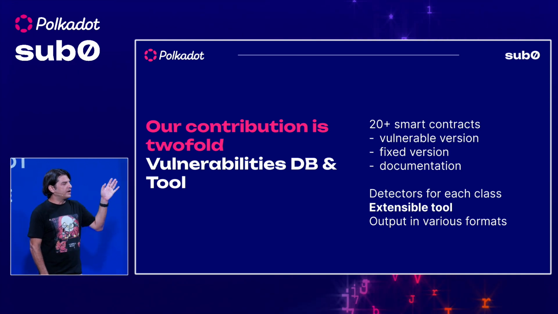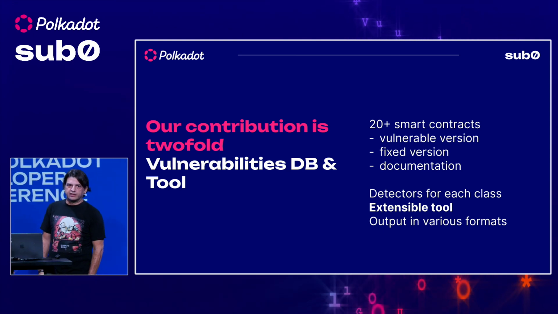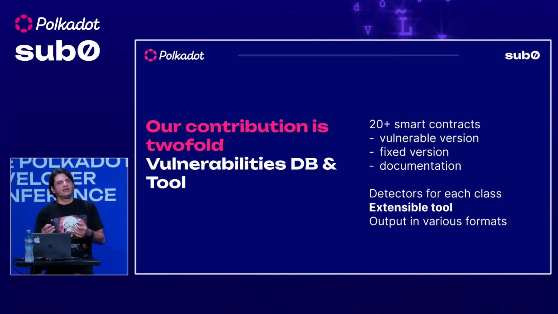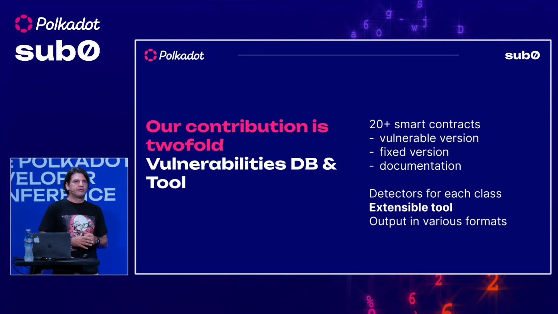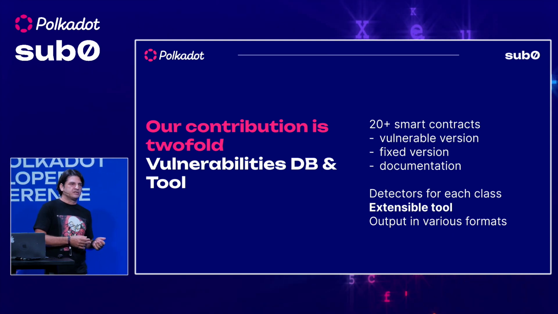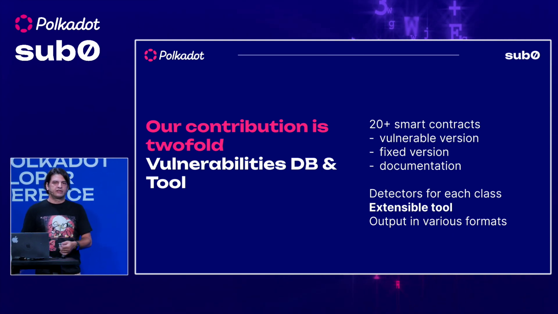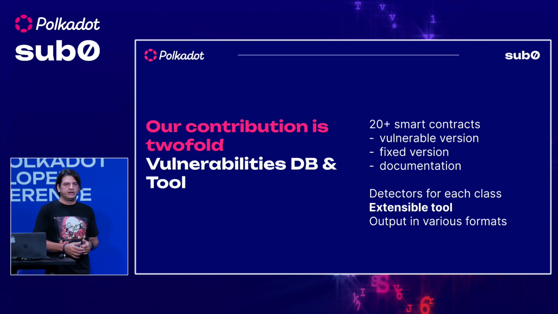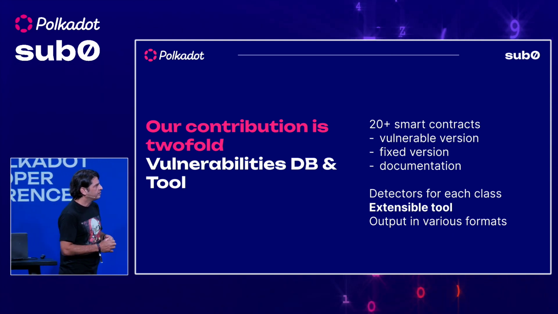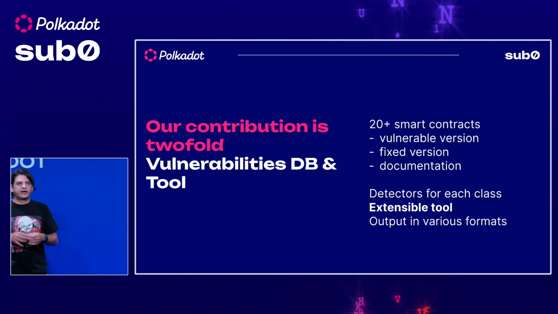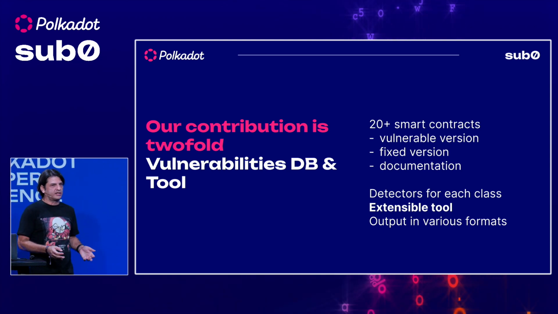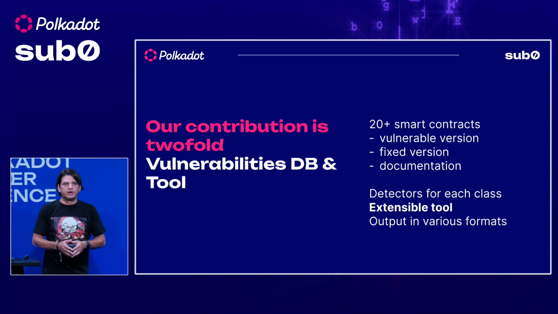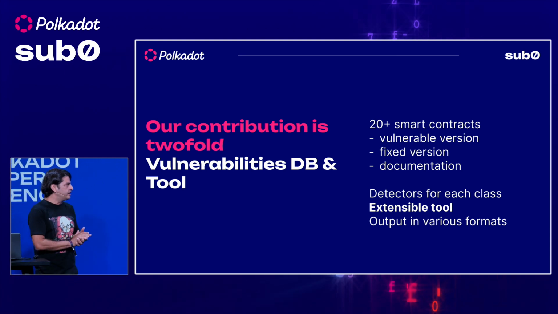We have 20 plus vulnerable smart contracts in that list over there. And our intent in putting this in the public repository is that anybody can use them. So if you build also a tool for detecting bugs in Ink smart contracts, this is a test bed that you can use for your tool. And the bigger this database of vulnerable smart contracts gets, the better for the community. And of course, also we built this tool, which is available and anyone can use.